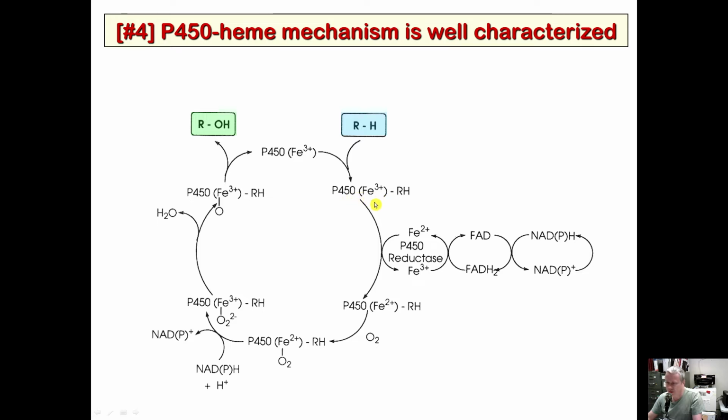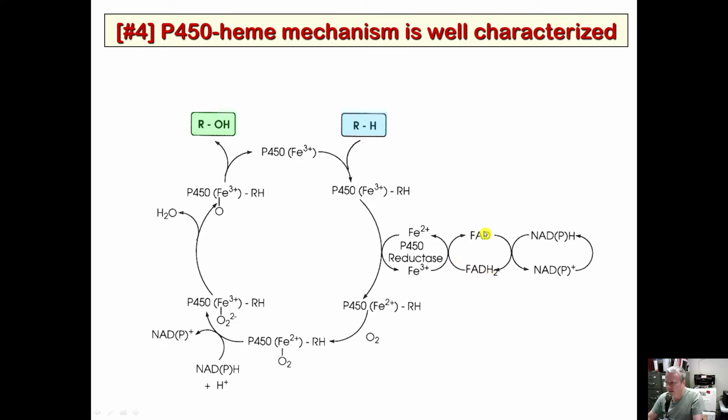Iron 3 plus gets reduced to iron 2 plus with a cascade involving P450 reductase. So it's a reducing enzyme, and it uses another iron cofactor that gets oxidized, so iron 2 and the cofactor gets oxidized to iron 3. Then that gets re-reduced back to iron 2 using FADH2, one of the biological reducing agents.